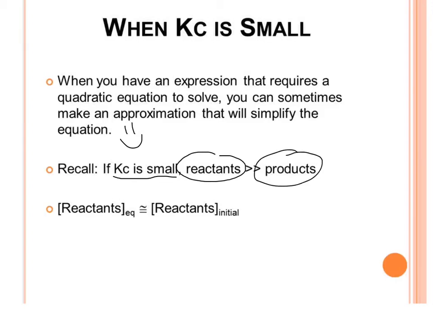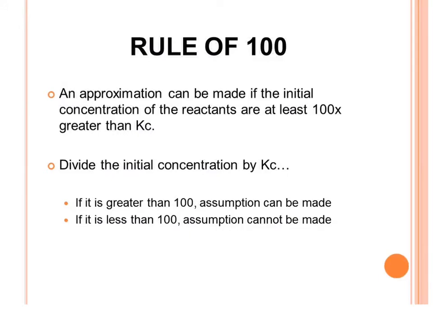So the concentration of reactants at equilibrium is going to be approximately the same as the reactants initially. An approximation can be made if the initial concentration of the reactants is at least 100 times greater than Kc. We call this the rule of 100.